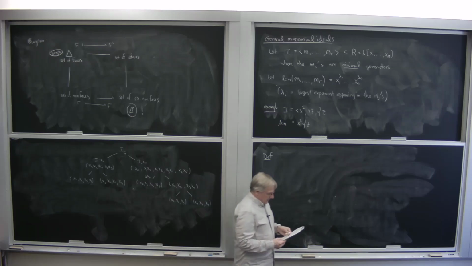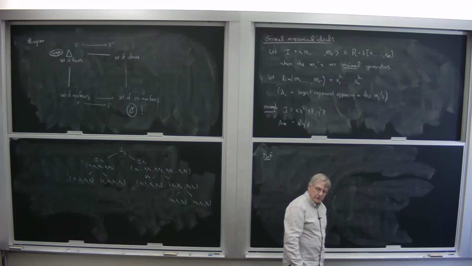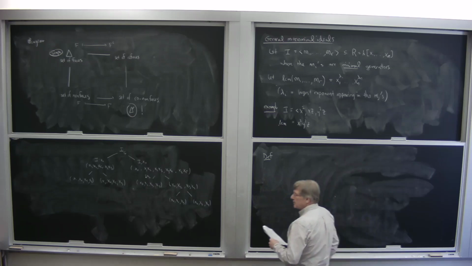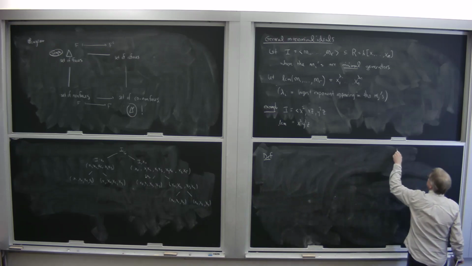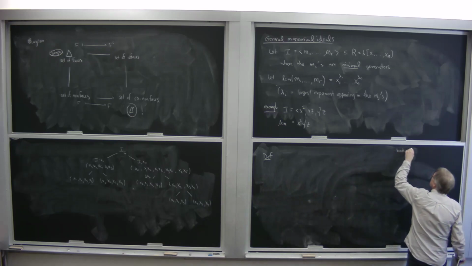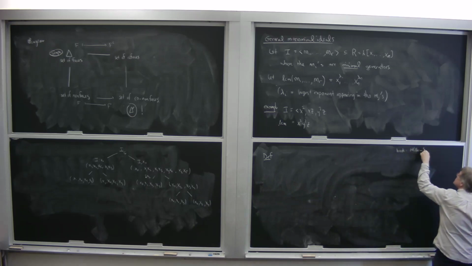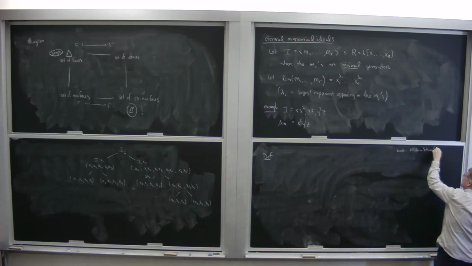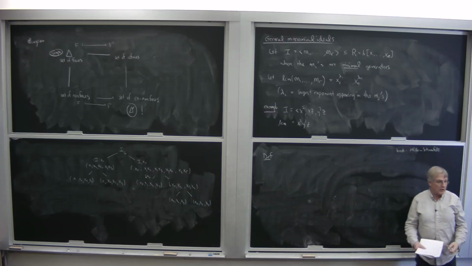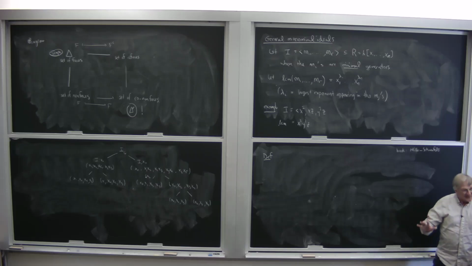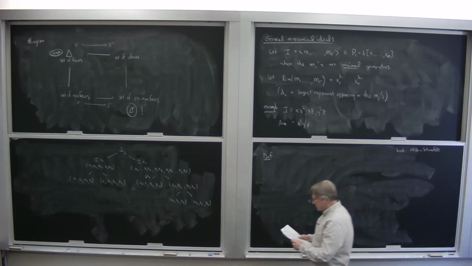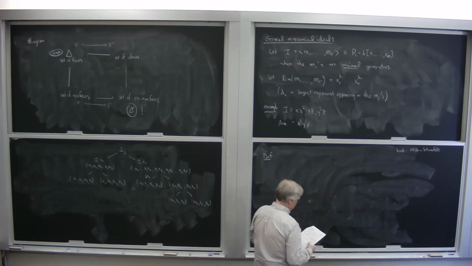I'm not sure who actually came up with this definition first, but I do know that Ezra Miller sort of ran with it. It's in a good book for all of this stuff, by the way. Actually, I should write down a bunch of references. Miller-Sturmfels has probably way more about monomial ideals than you ever want, but it has everything you want also. So it's a nice book.